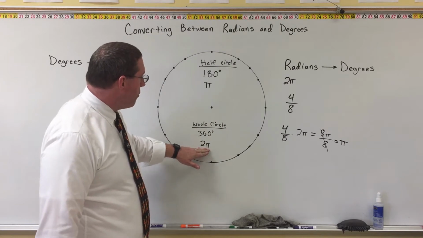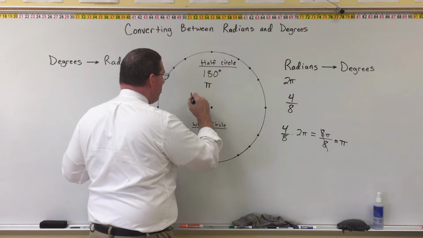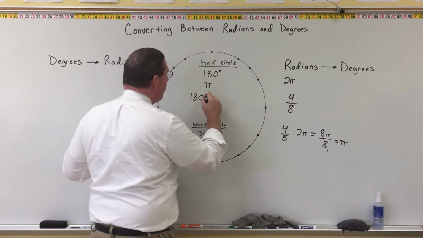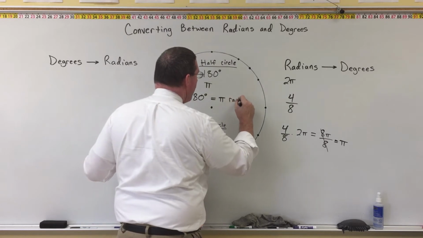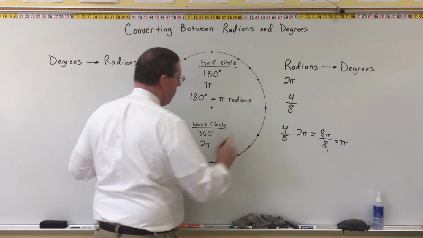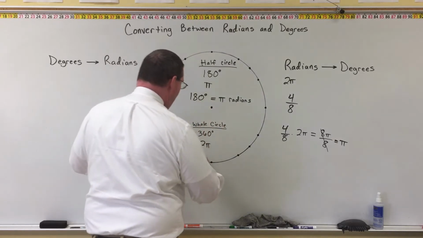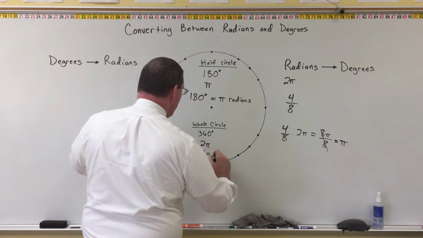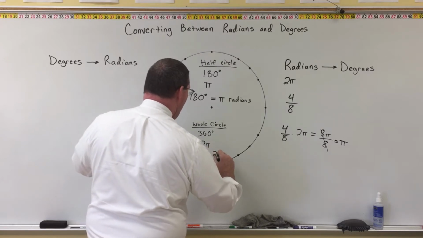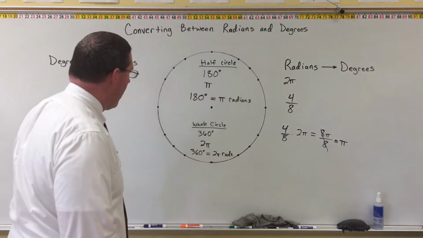So that means that if we use the idea of a half circle, we know that 180 degrees is equal to pi radians, right? Or we could say that 360 degrees is equal to 2 pi radians. Sometimes we say rads, okay?